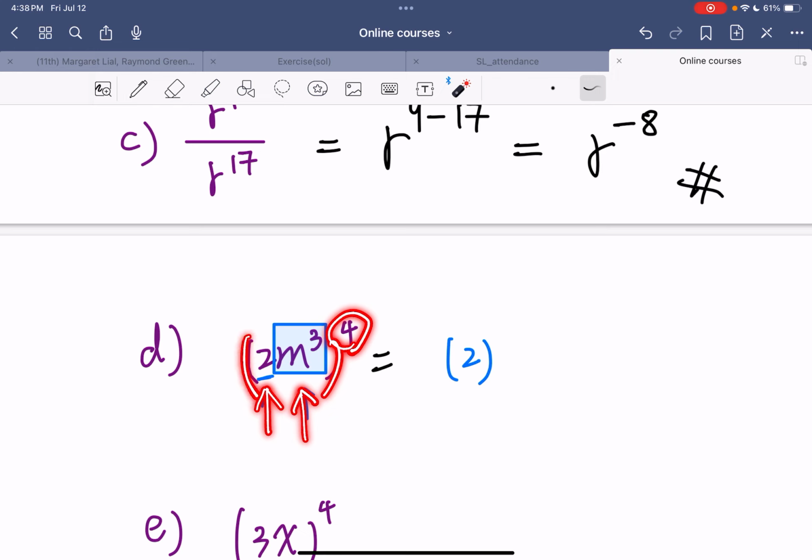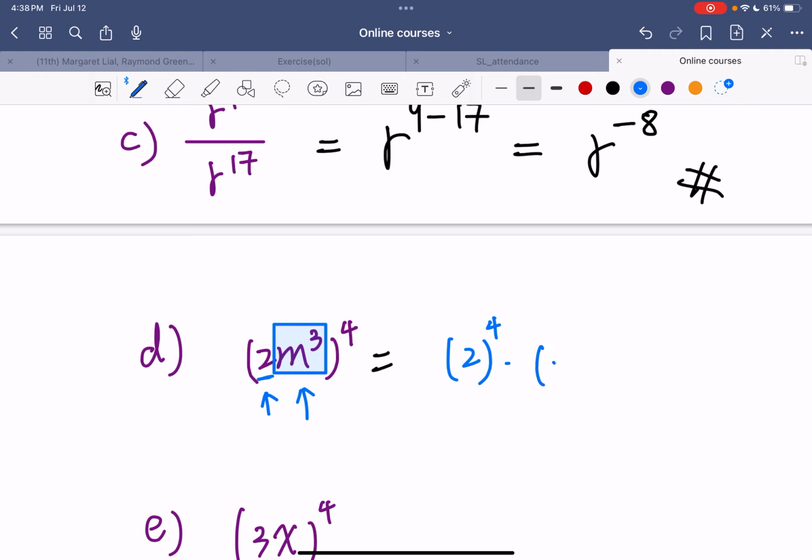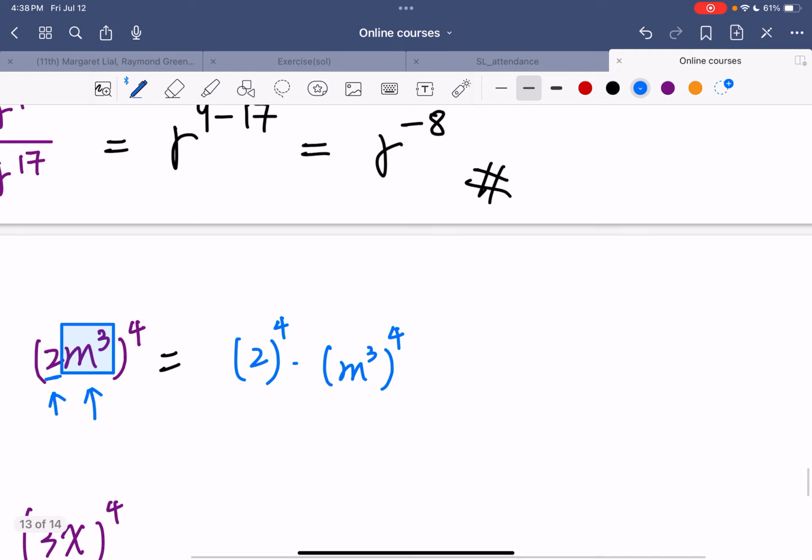Okay, so 2 is the first element here, we put the exponent outside on it, and then we times the other one, n with power of 3, and the exponent. Okay, then let's keep doing that.